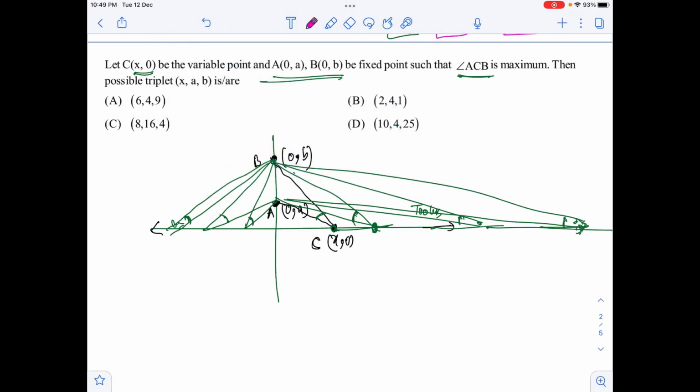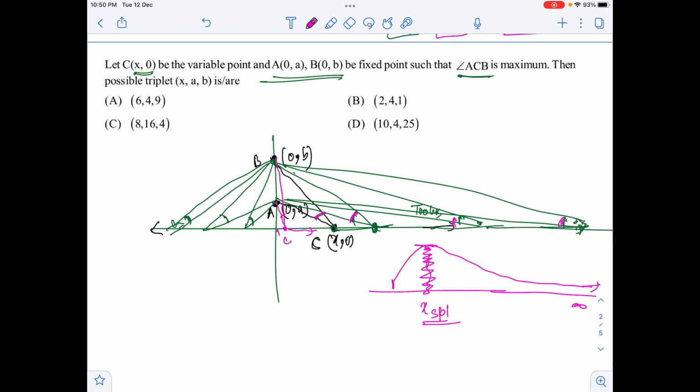So is it monotonically reducing or maybe somewhere in between a maximum will come? So let's take point C very close to the origin. Then you can see in this case the angle is very small, right. It's a tiny angle, and as you move in this direction, the angle increases a little. Then some maximum comes somewhere and then it slowly decreases. You can feel it by looking at the diagram. So the angle starts near about 0, almost in the ICU, a very small angle. Then the angle increases and then slowly decreases, almost tending to 0 at infinity. It means somewhere in between we'll get the maximum value.